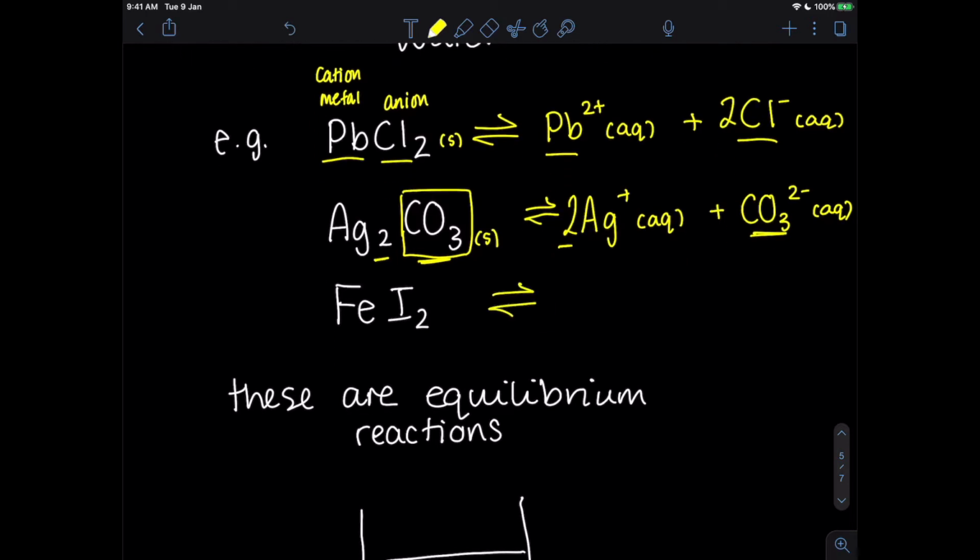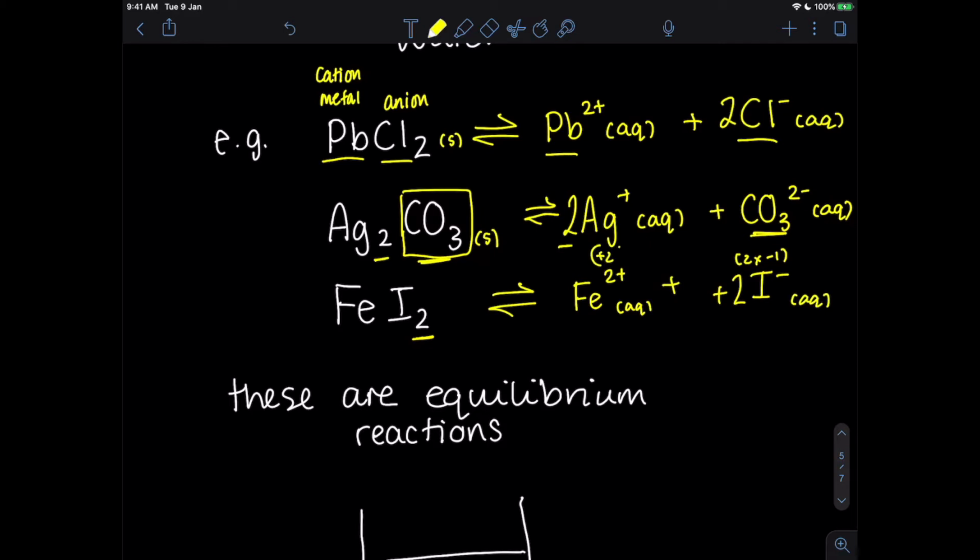And then same thing for iron iodide. I've got iron and iodine. Because iodine is in group 7, it must be a -1 charge. I've got two of them, so I'm going to make sure I've got two on the right hand side, and then in order to balance this out, I need to have an iron 2+ ion over here.